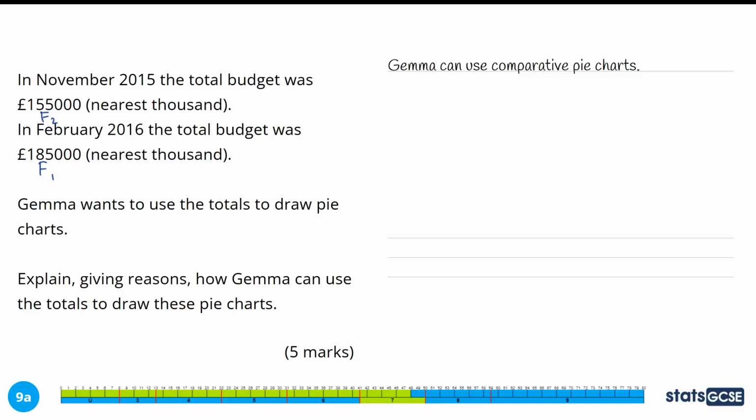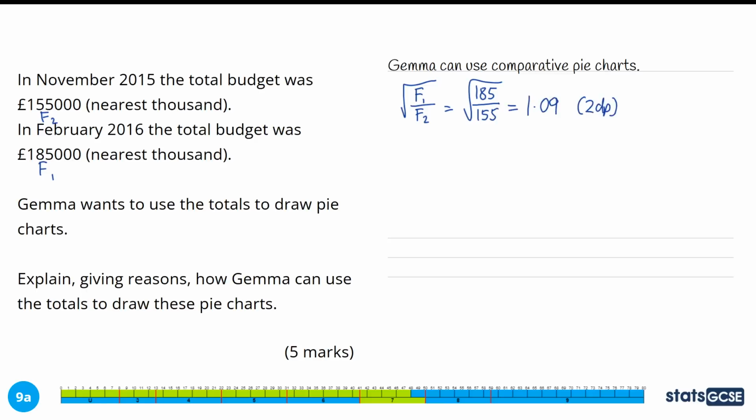And to work out how much bigger the second one will be, we just square root the F1 over the F2. So we're going to square root the 185,000, but actually we don't need to write 185,000 because it's a fraction, so the thousands will cancel anyway. You can do if you wish. And that will give us 1.09 rounded to 2 decimal places.